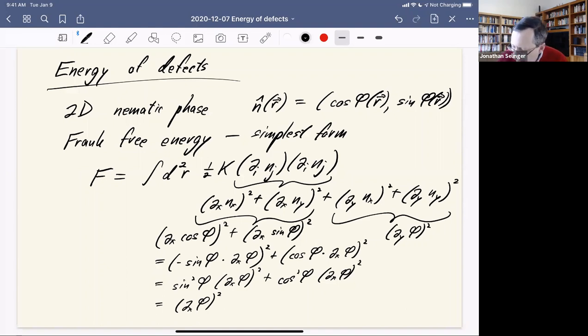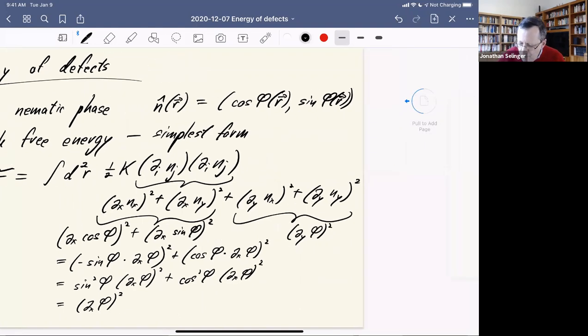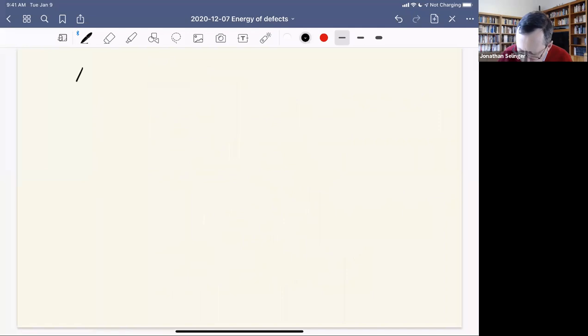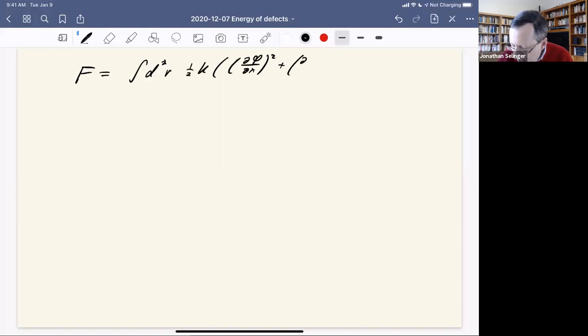So the free energy with both of those pieces is our integral over all position of a half Frank constant times d phi dx squared plus d phi dy squared.